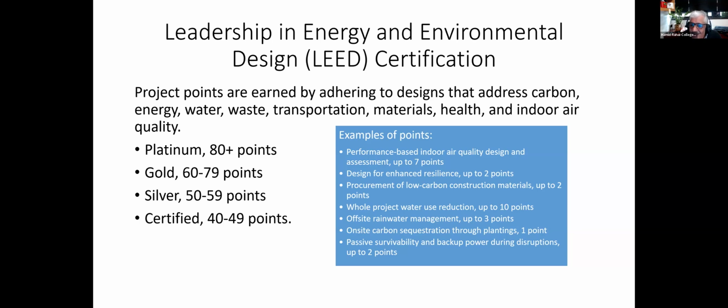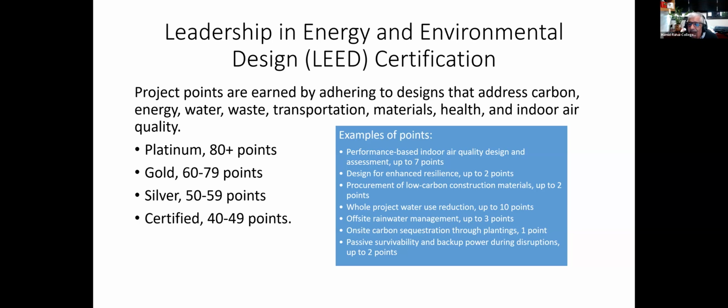Design for enhanced resilience, up to 2 points. So what does this mean? It means you design so that you don't have to replace the type of roofing, the type of external walls, internal walls, and the systems that you put in, so that it lasts a long time. If it lasts a long time, up to 2 points for that.